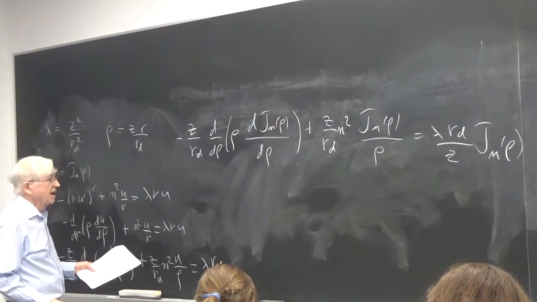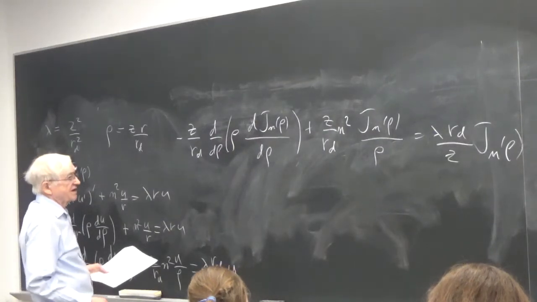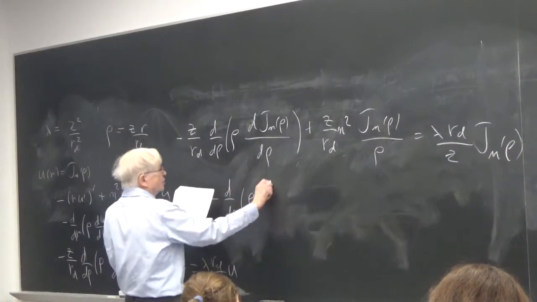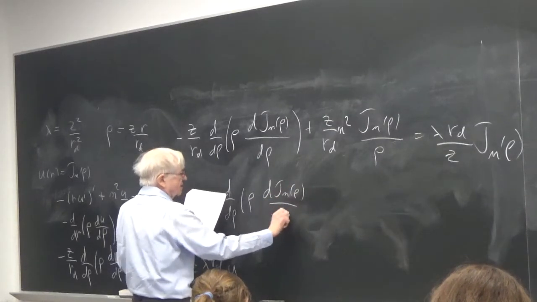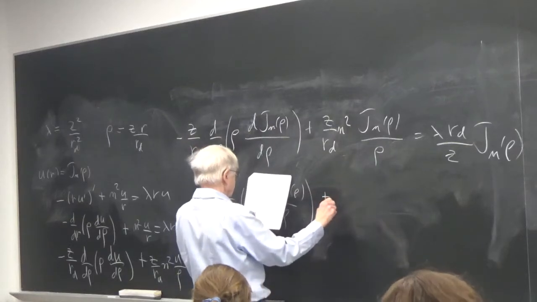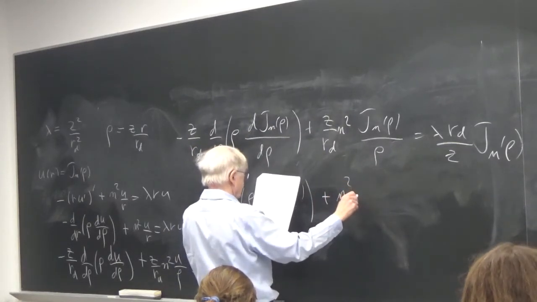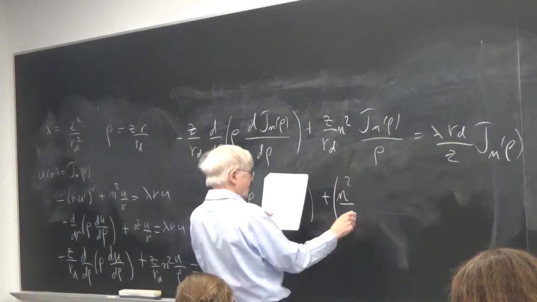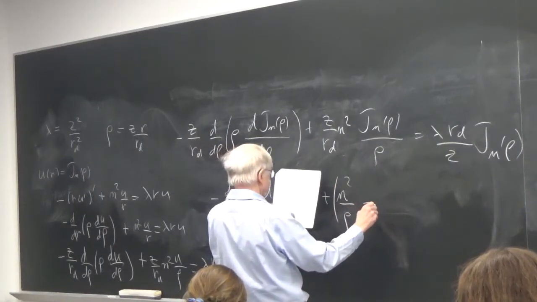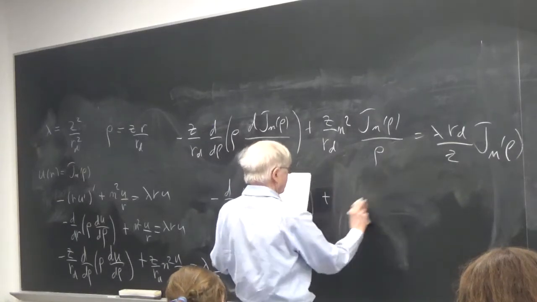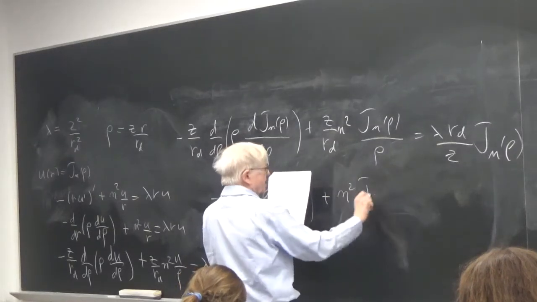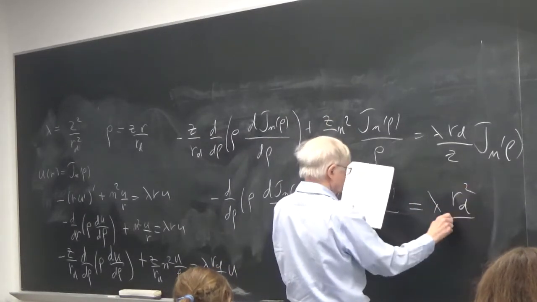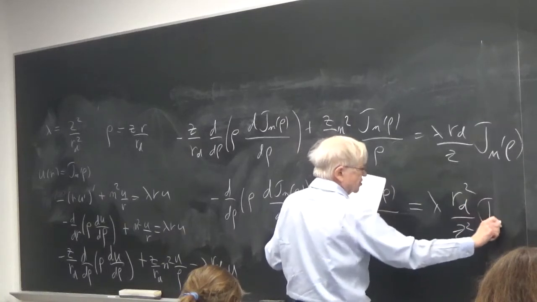And we've got a common factor of z over R_d, and we get rid of that, we have minus d/d rho of rho dJ_n of rho over d rho plus n squared J_n of rho over rho is lambda R_d squared over z squared J_n of rho.